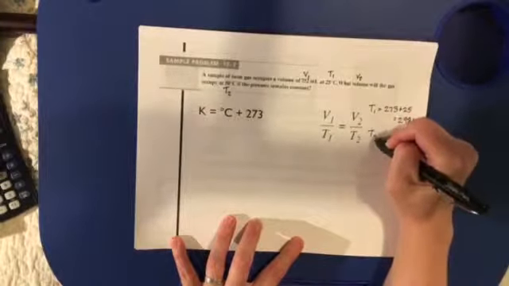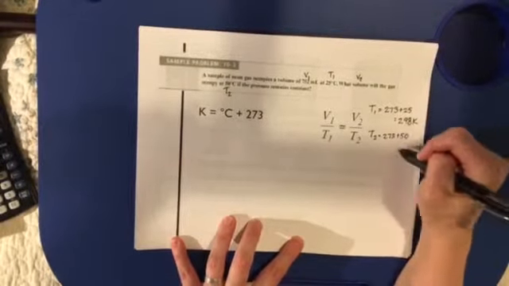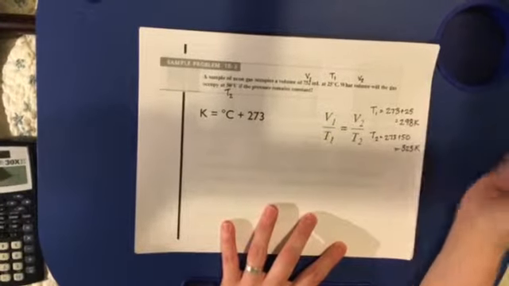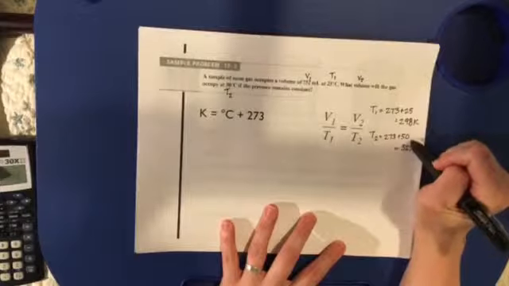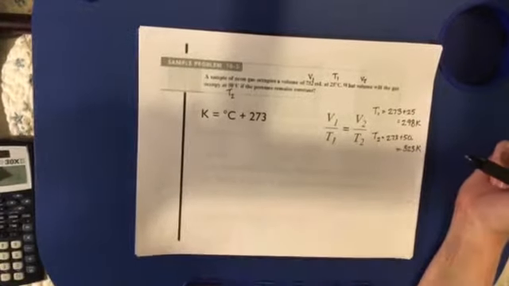And then T2 is going to equal 273 plus 50. So that is 323. Okay. I'm going to assume that that is a decimal there to make that easier.